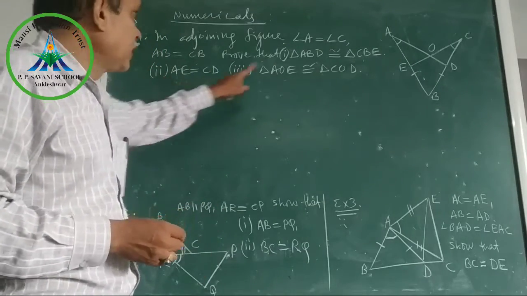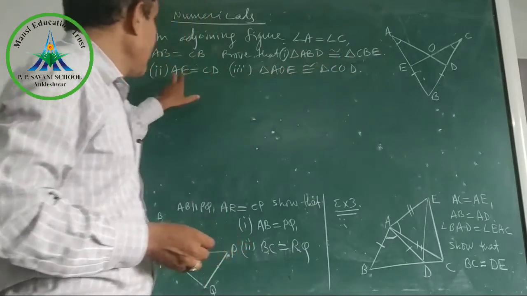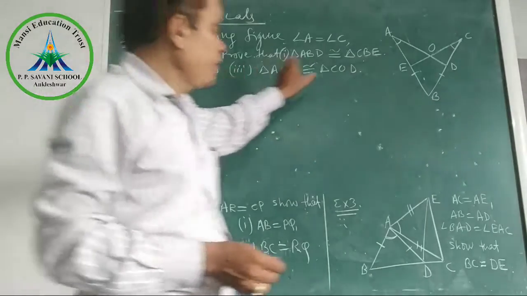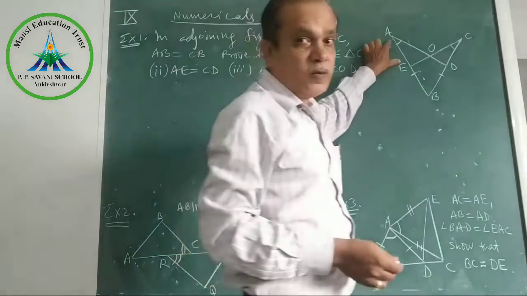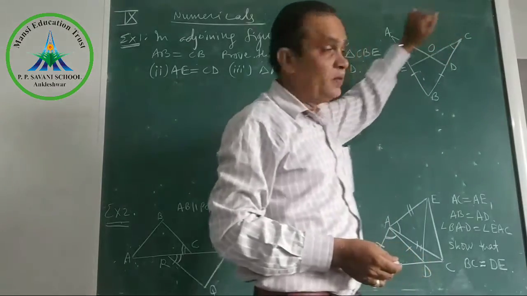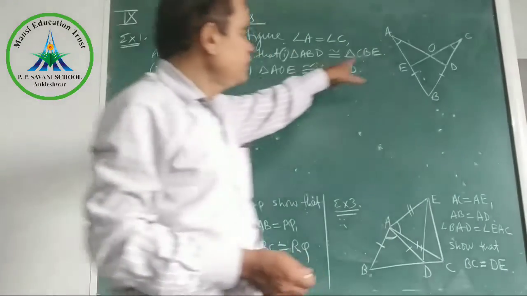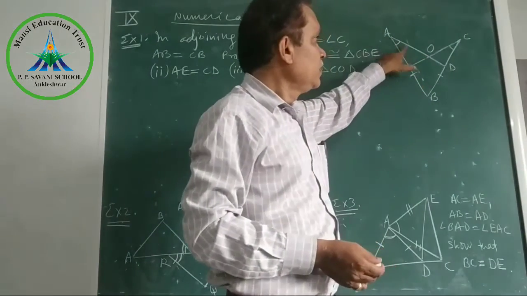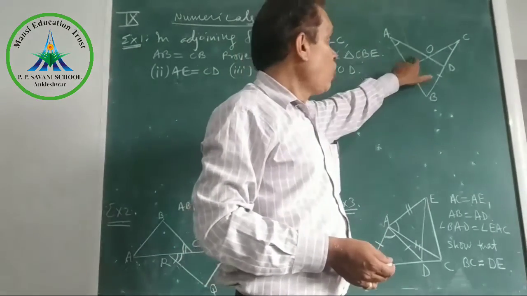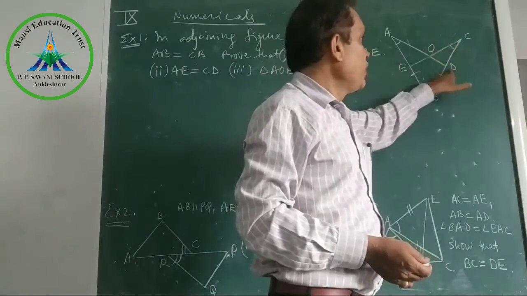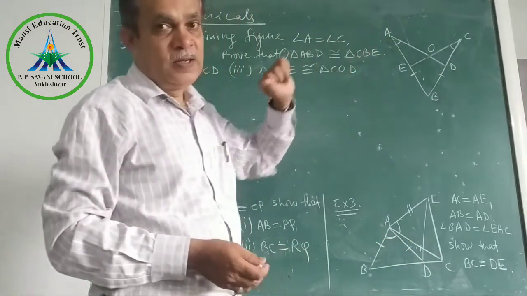Second, AE equal to CD, and third, triangle AOE is congruent to triangle COD, right?